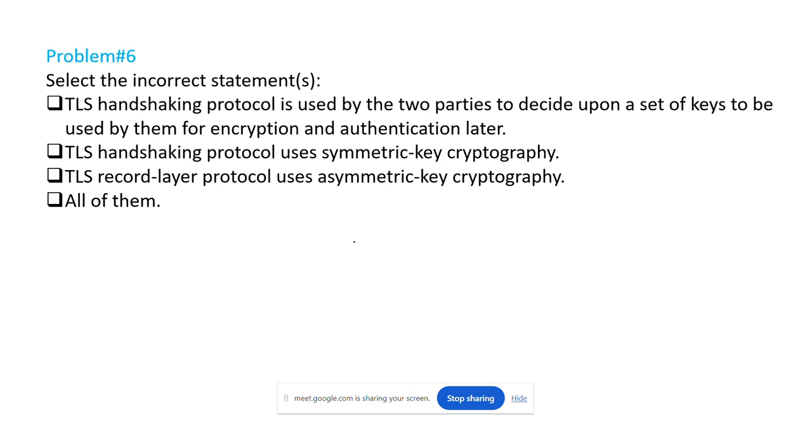in TLS, the two parties are communicating, say A and B, and first there is this handshaking protocol going on. This is nothing but a kind of key exchange protocol.